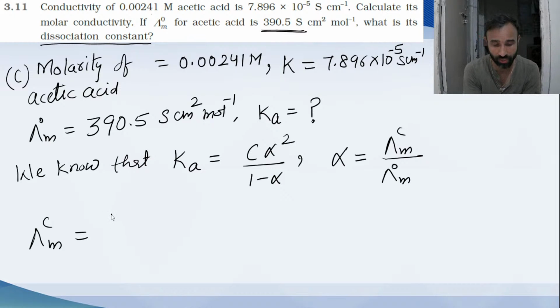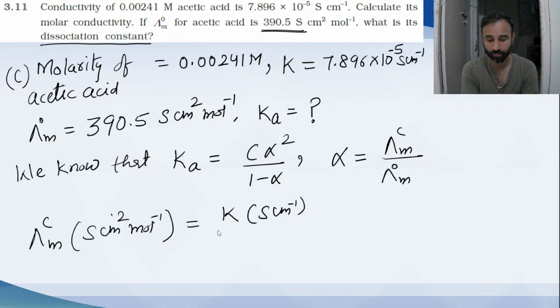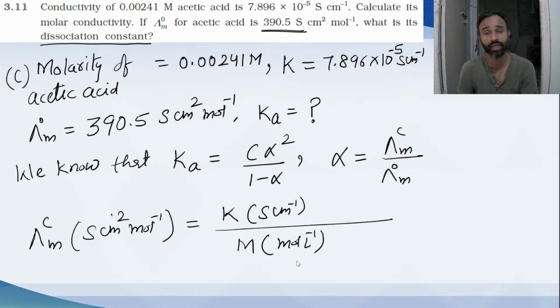and the formula is the one we have just derived. Lambda m naught is in S centimeter square per mole, so we need lambda m c in the same unit. So kappa is required in S per centimeter. Molarity is given to you in mole per liter, and it should be multiplied by 1000 to get centimeter cube per liter.